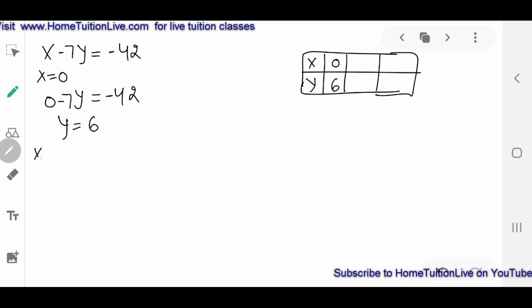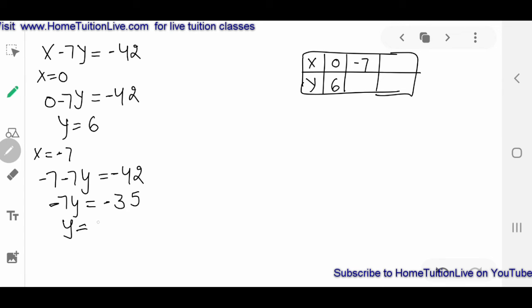Now let's take x equal to minus 7. Minus 7 minus 7y equals minus 42. So minus 7y equals minus 42 plus 7, which is minus 35. Now y becomes 5. So here y is 5. Now suppose we take x as 7.